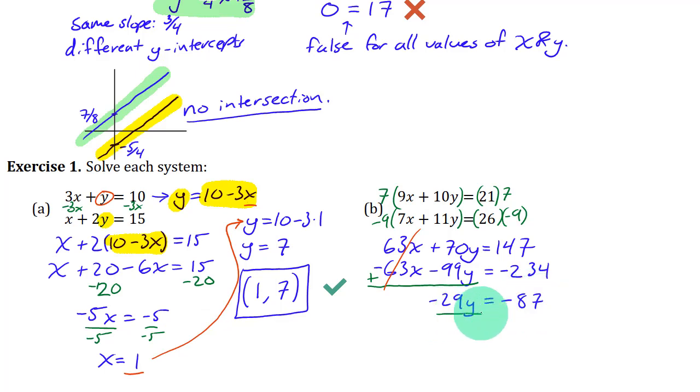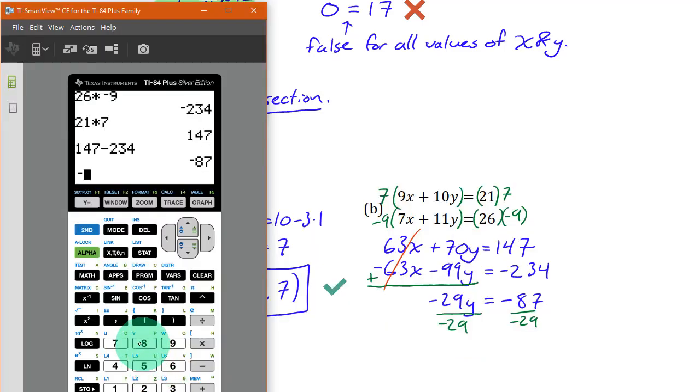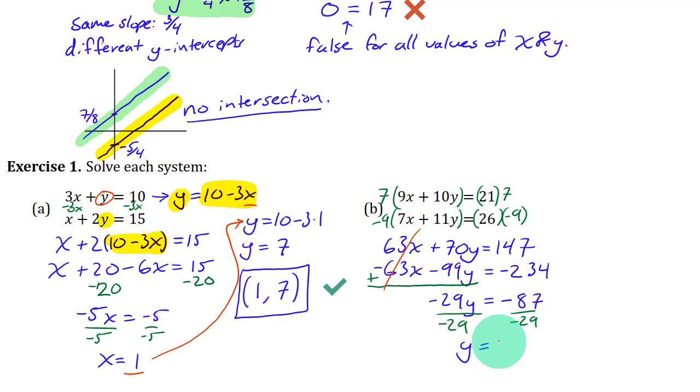Then if you divide both sides by negative 29, you get 3. So that just gives you y equals 3. We got some big numbers along the way, but it worked out to a nice small number for y.